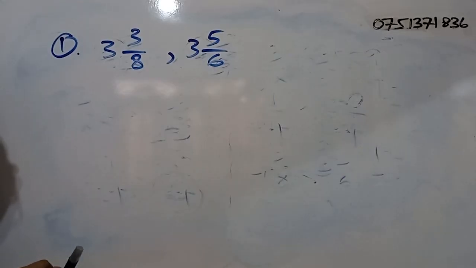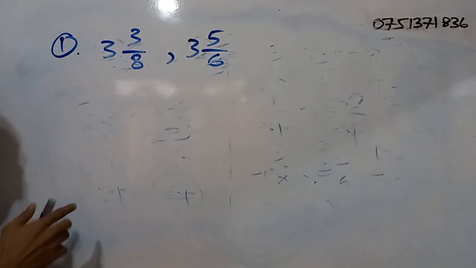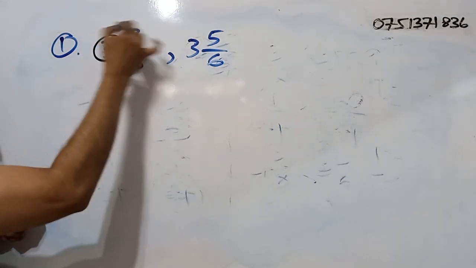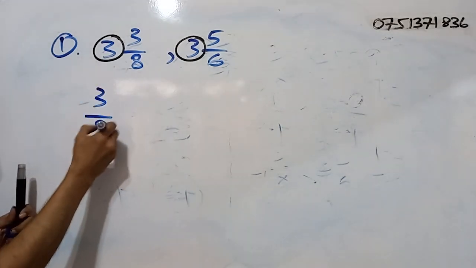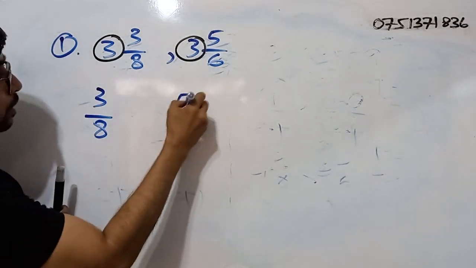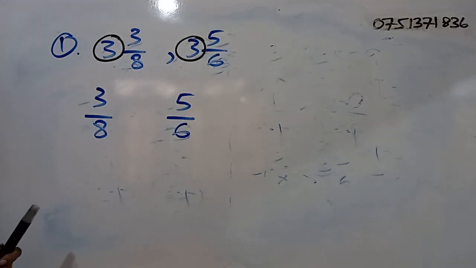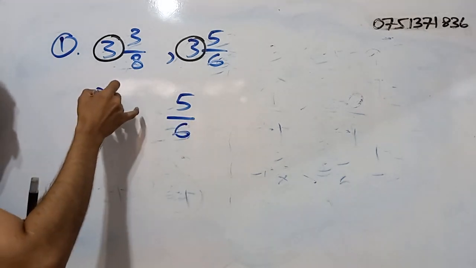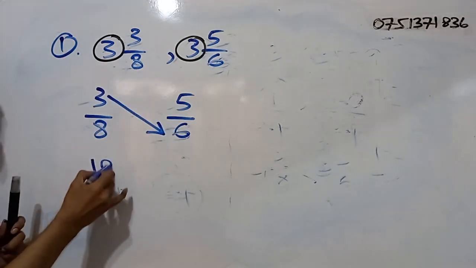Right. So here we can use the shorter method also. Just as before, we had the two mixed numbers. Both of them have the same whole number part, so we will write down the fraction part. So 3 by 8 and 5 by 6. Then what do we do? Multiply the 3 by 6. 3 into 6, that is what? 18.